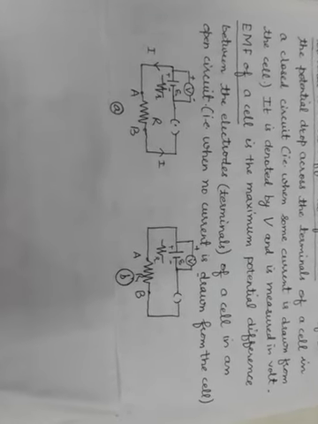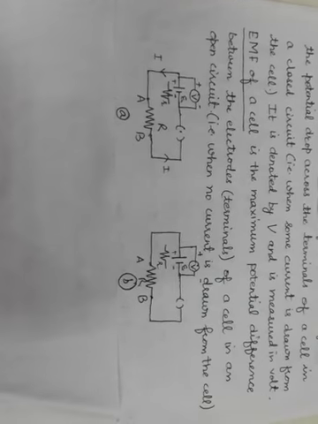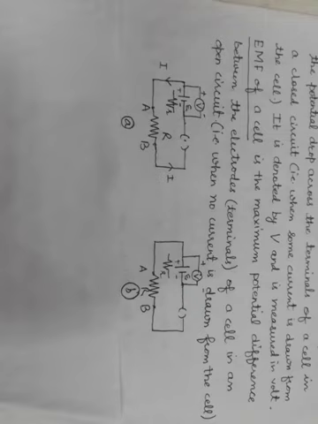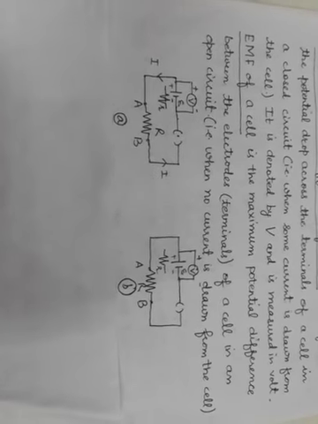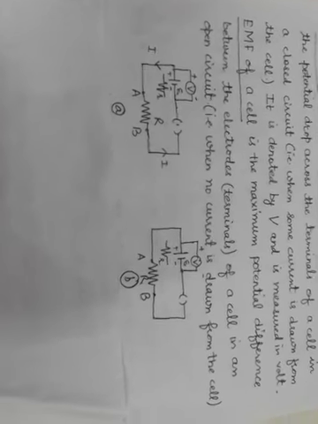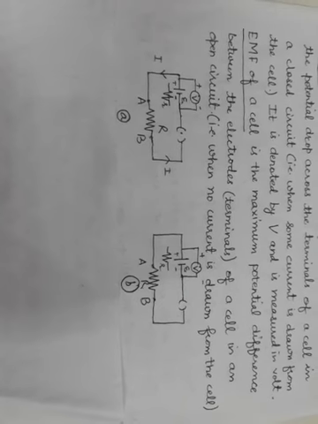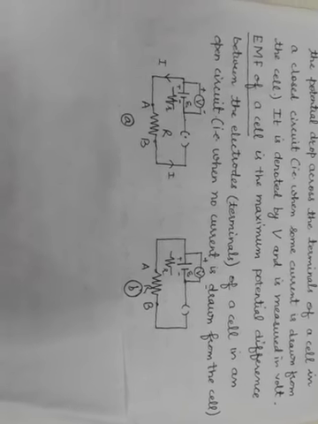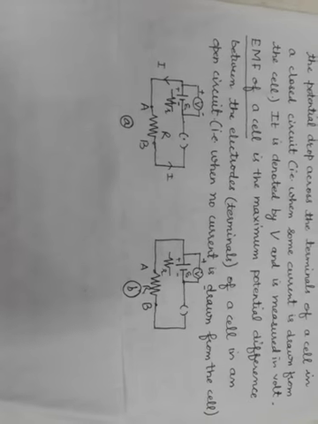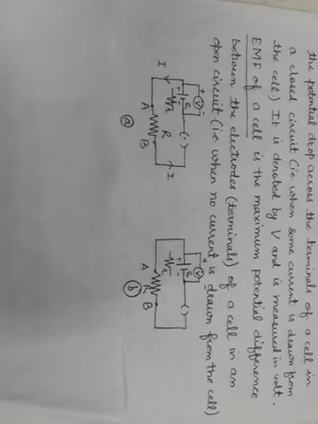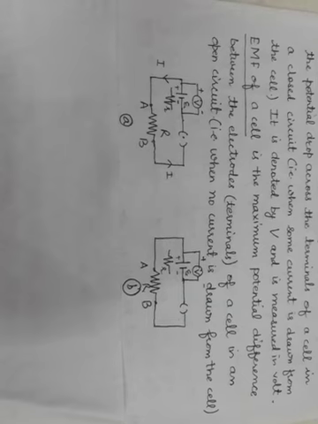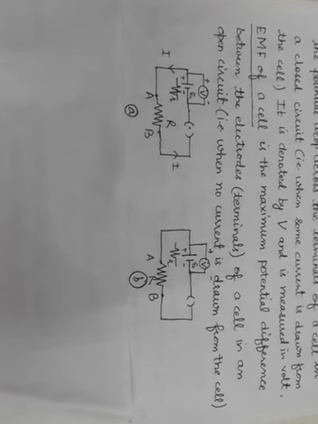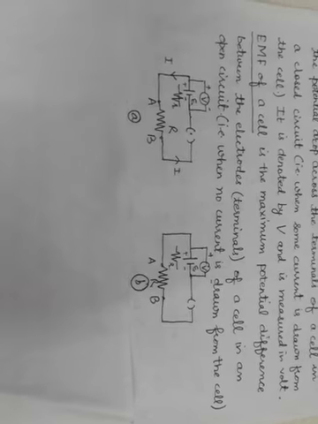In figure A, the key is closed, the circuit is closed and the current is flowing. In this case, the reading of voltmeter will give the value of the terminal potential difference, whereas in figure B, when the circuit is open, the reading of the voltmeter will give the value of the EMF of the cell.